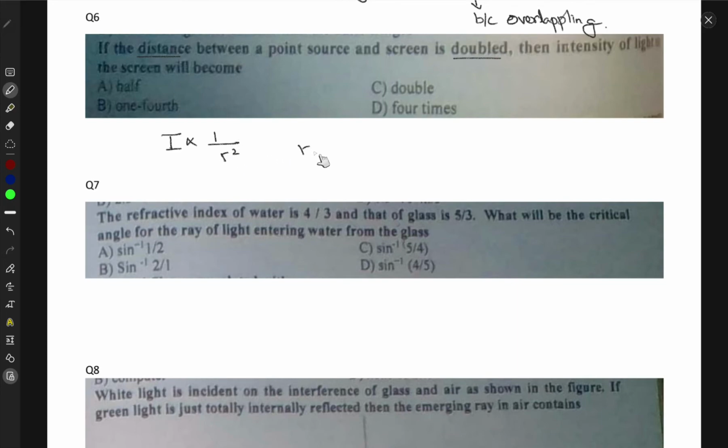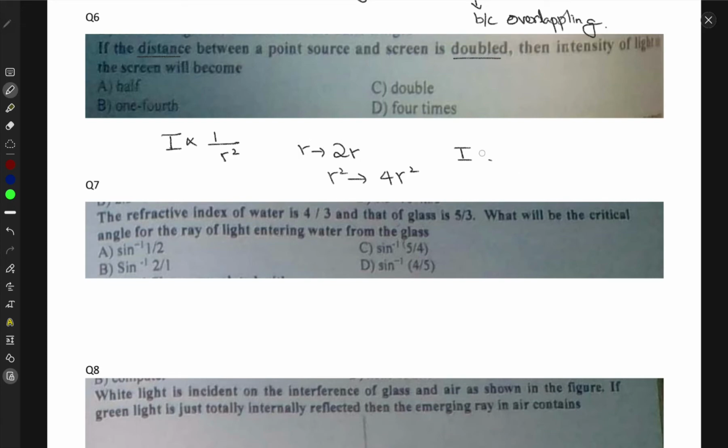So if R is doubling, it goes to 2R, then R squared would go to 4R squared, right? And intensity is inversely proportional to this, because R is doubling.